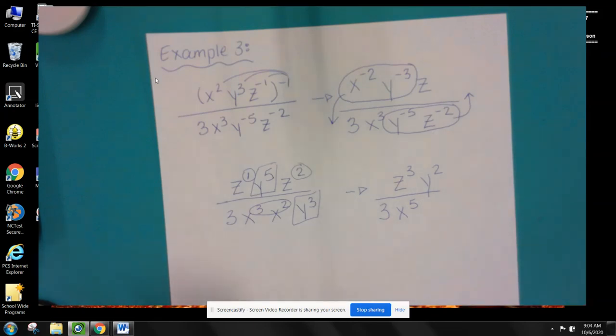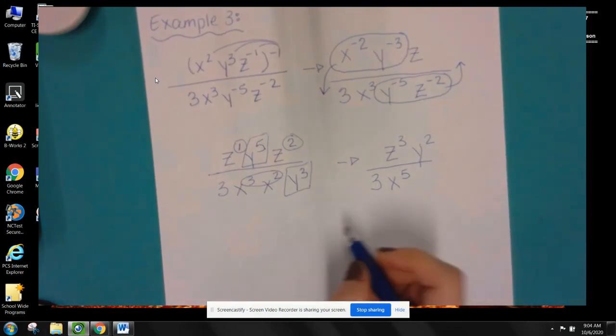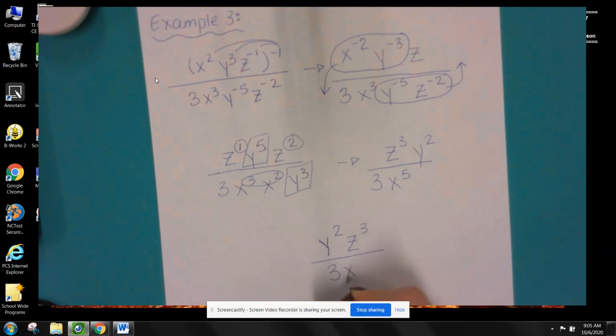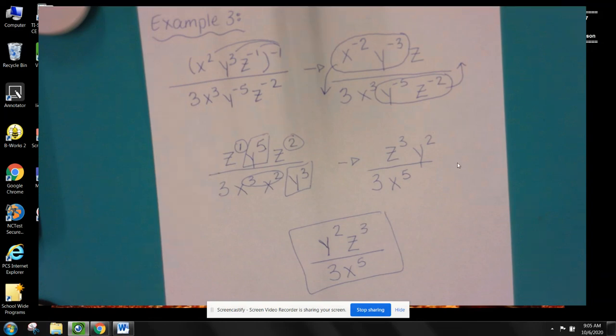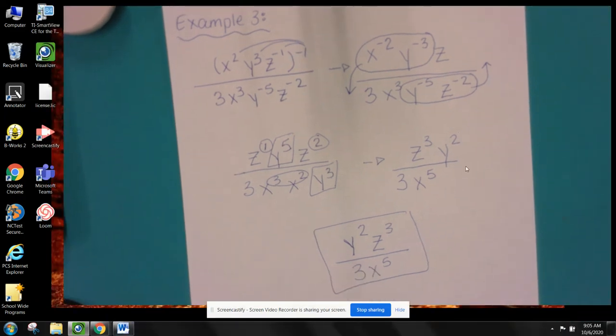Now, if this was a multiple choice question, your variables will be in alphabetical order. So your final answer would be y squared z cubed over 3x to the 5th. That's if it was a multiple choice question. But in our classroom, it's okay if they're not in alphabetical order. If you gave me this as an answer, this is still totally fine.